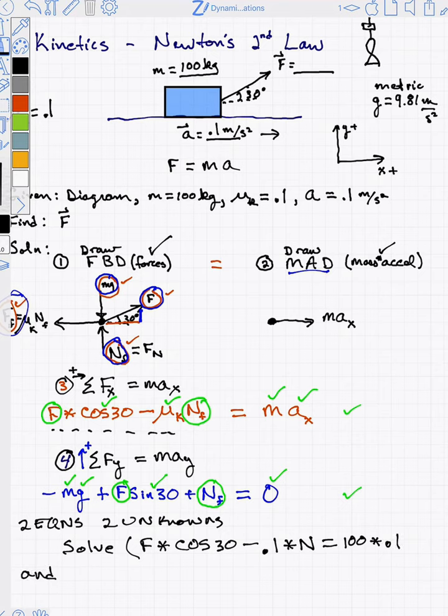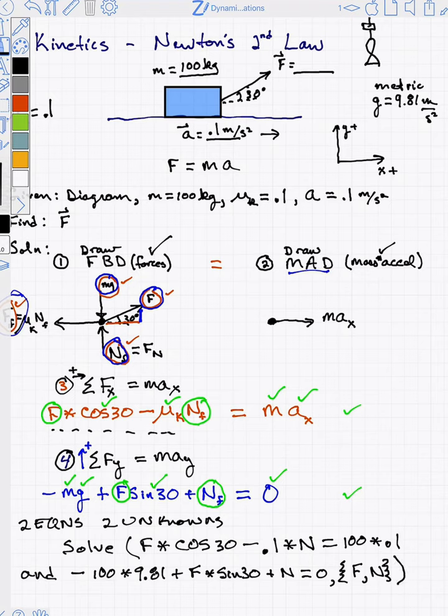Then I type and, I type in the next, minus 100 times 9.81 plus F times the sine of 30 plus N equals 0. And then in my calculator, I put a squiggly bracket and tell the calculator what I want. I want F and I want N.